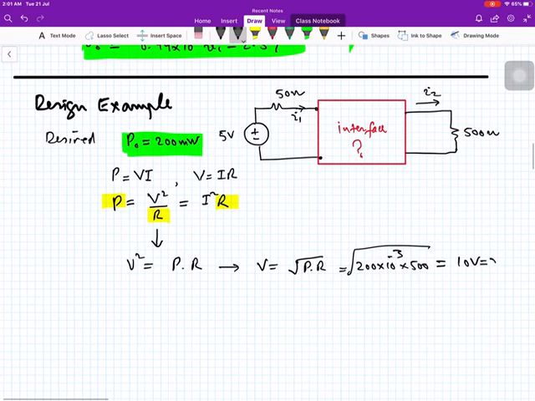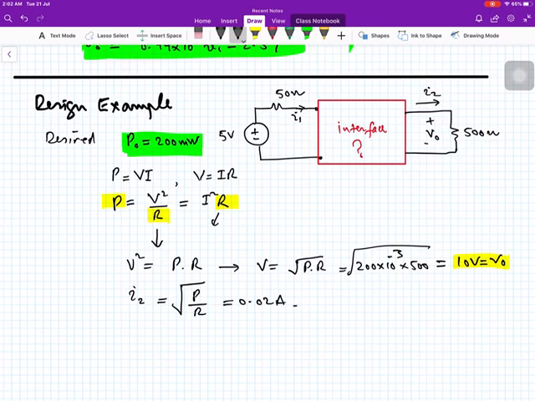So this is VO. So VO, output voltage, is 10 volt. Now current. So output current, I2, is the square root of P divided by R. And this will give you 0.02 ampere or 20 milliampere.